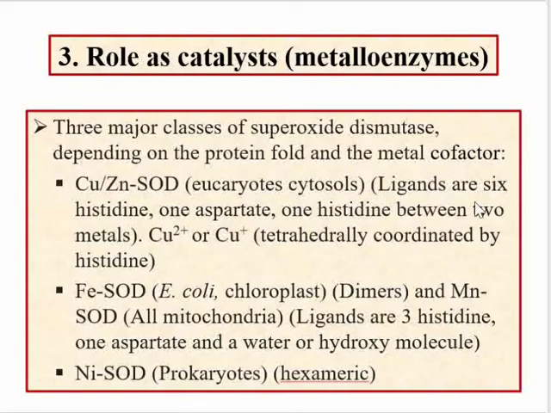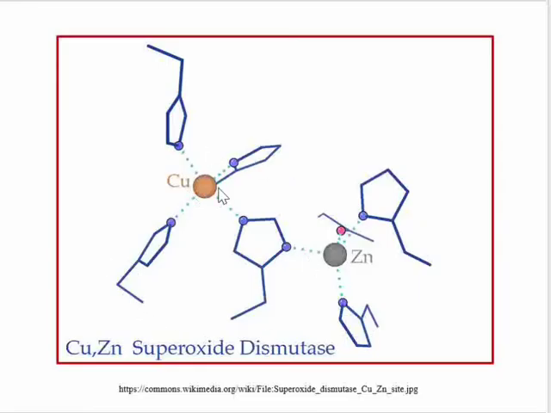The ligands are 6 histidines, 1 aspartate, and 1 histidine between two metals. Two metals are present in this superoxide dismutase: one is copper 2+ and the other is zinc. Generally the copper is tetrahedrally coordinated by histidine. This is the structure of copper zinc superoxide dismutase.